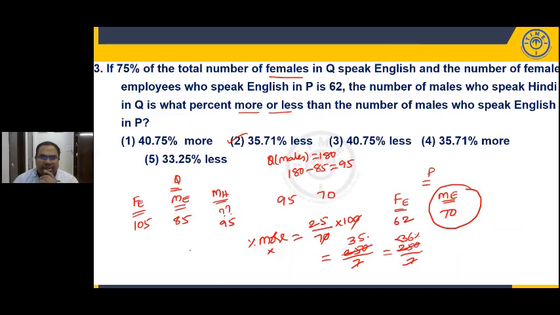Any questions you can ask me? This is your PO level, ma. RRB PO prelim level. Any questions, ma? Do you want me to repeat this? Do you want me to repeat?